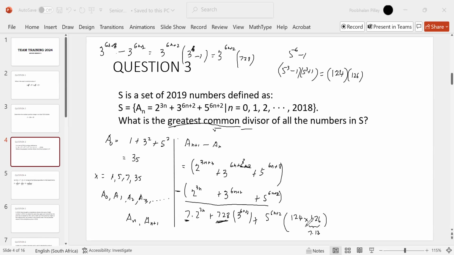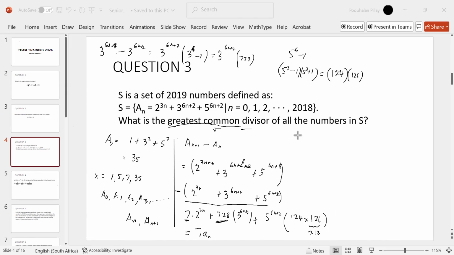So you will see that this is a multiple of 7, this is a multiple of 7, and this is a multiple of 7. So you've got, this is 7 times something. I'm going to call it 7 times A subscript n. All right? It is 7 times something because 7 goes into every one of these things and it comes out as a common factor.